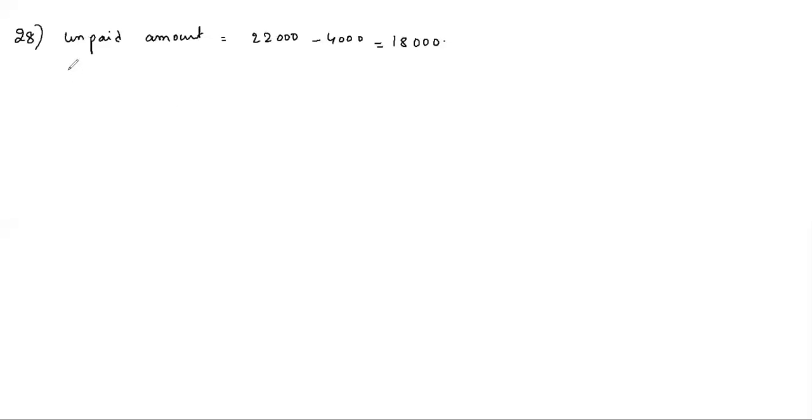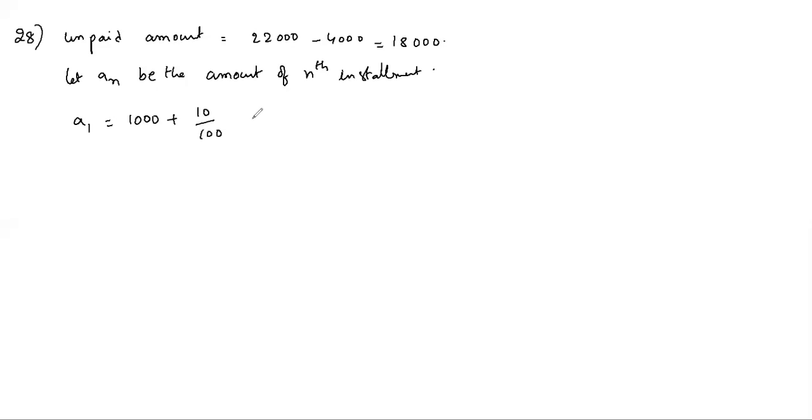So same, let A_n be the amount of the nth installment. Now A1, the first installment, is 1,000 plus 10% of 18,000, so it is equal to 1,000 plus 1,800, 2,800.